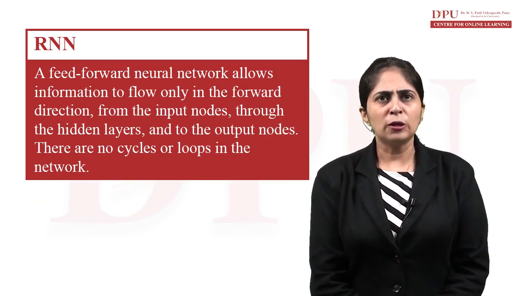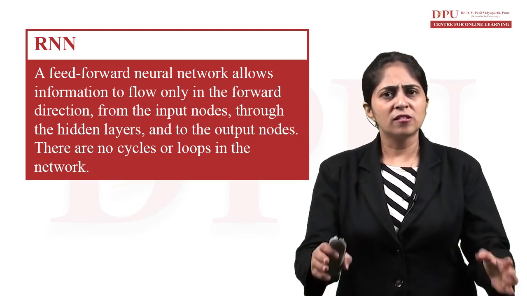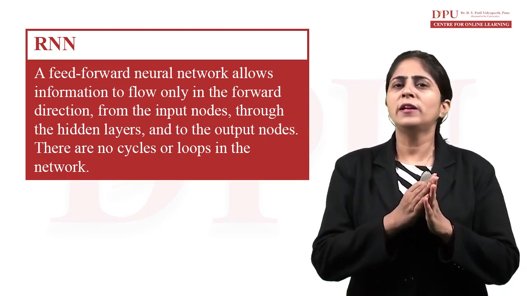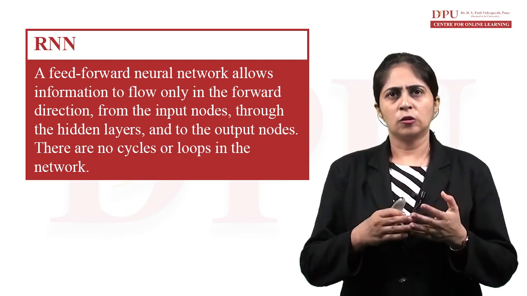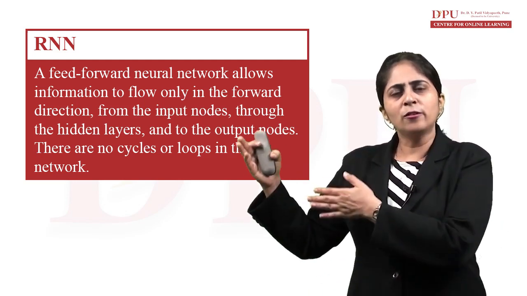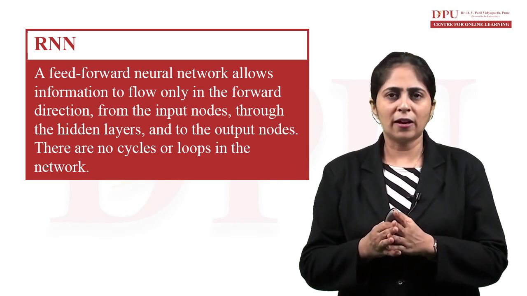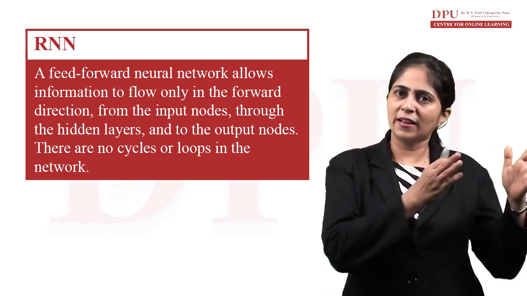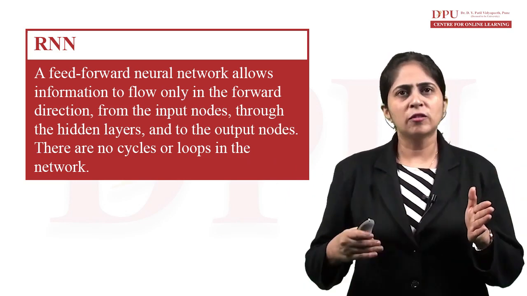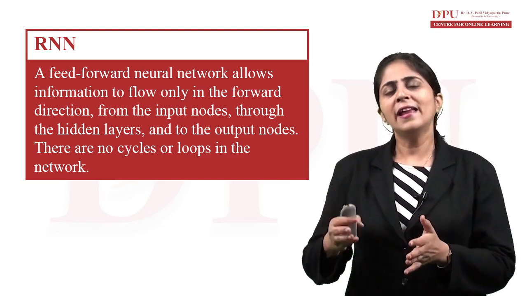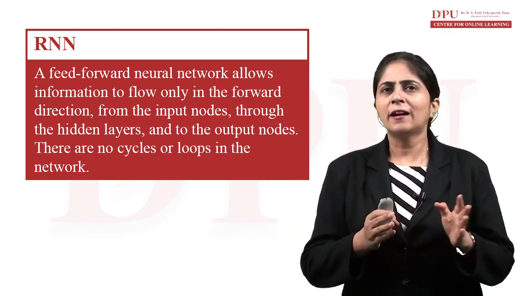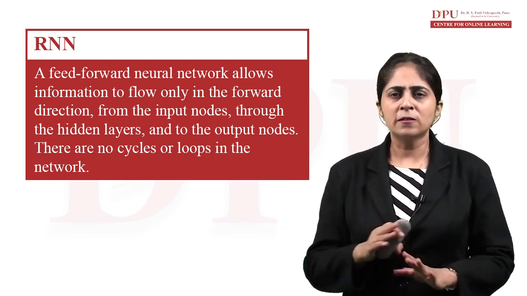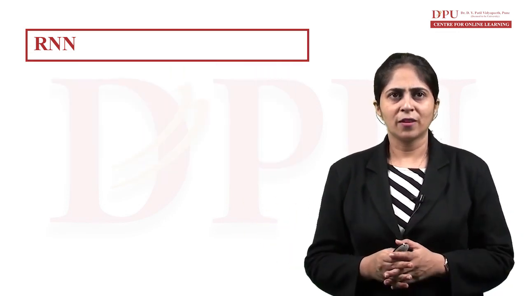A feed-forward neural network allows the information to flow only in one direction, from the input nodes through the hidden layers to the output nodes. We have understood that in the neural network, we have the input layer, then certain hidden nodes, and then the output layer. In our feed-forward network, there are no cycles, no loops, no feedback paths.